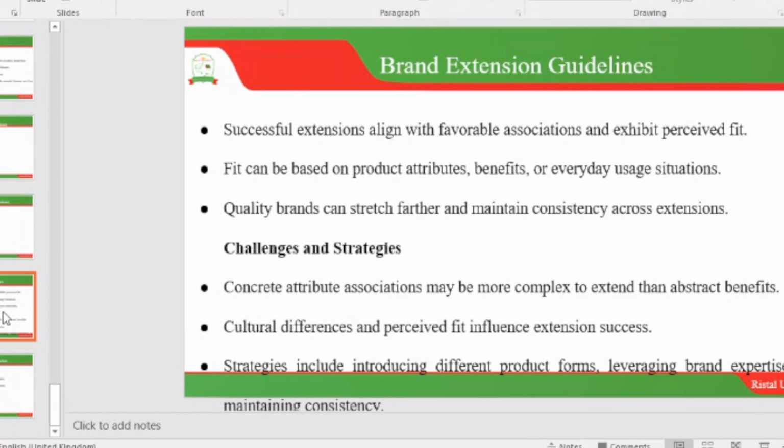So for you to have a successful extension, you align with favorable associations, meaning that your extension fits, in that the product or the benefit aligns with the association, or with the people that you associate with, your target group's mind.